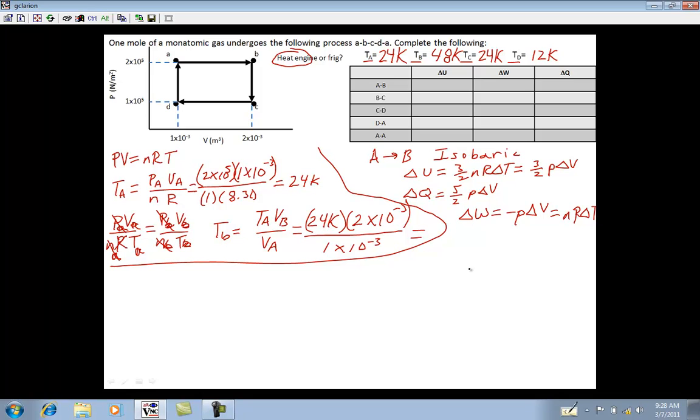So delta U, if we're going from A to B, how would I go about solving for delta U? What do I know to solve for? Good. 3/2 nR delta T. So that's 3/2 times 1 times 8.31, and delta T in this case is always final minus initial, 48 minus 24, and I get a value of, what do you guys get?